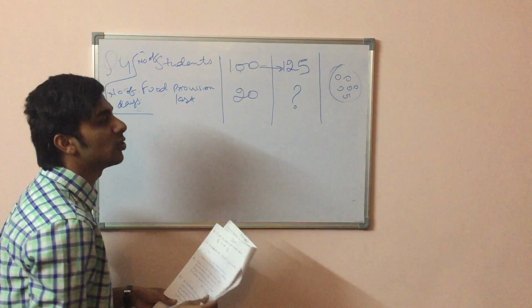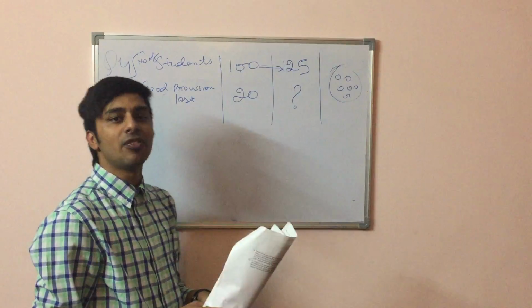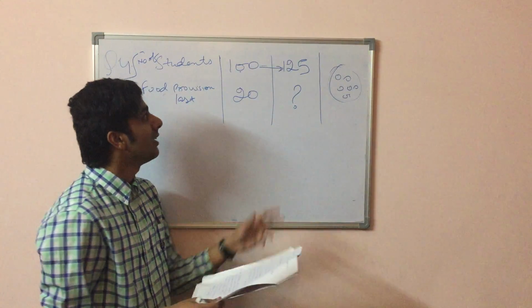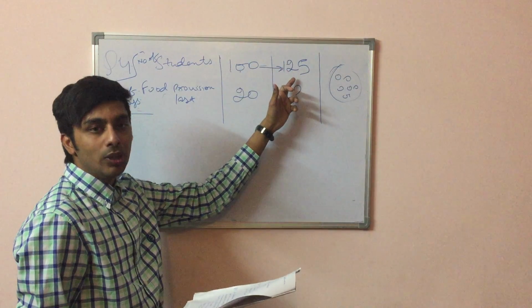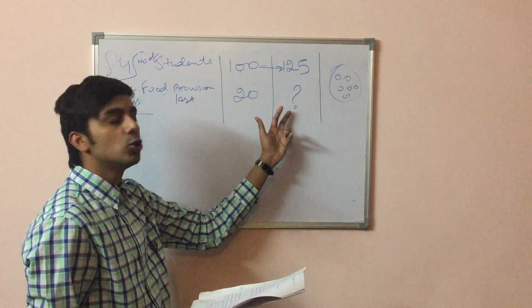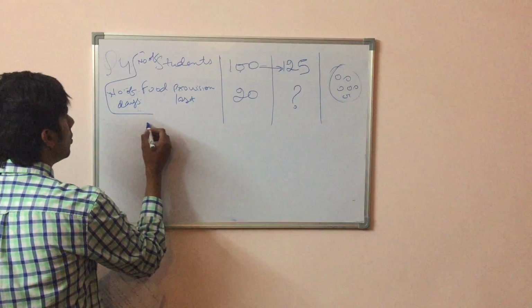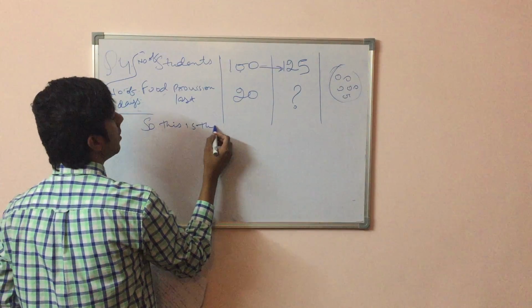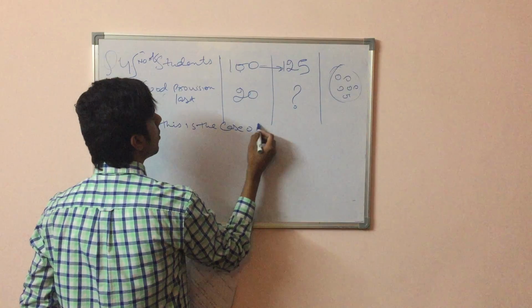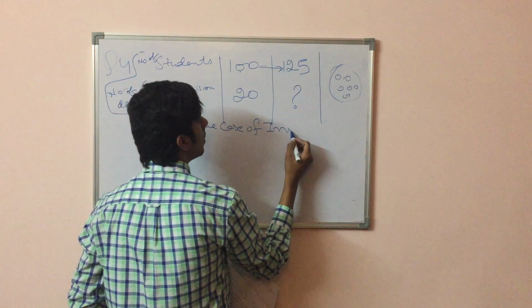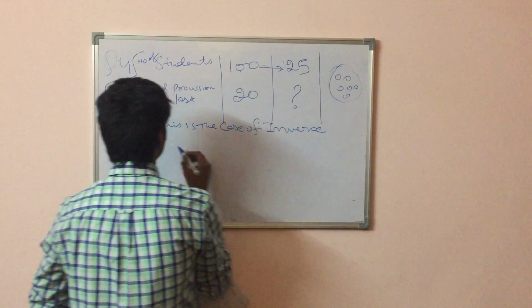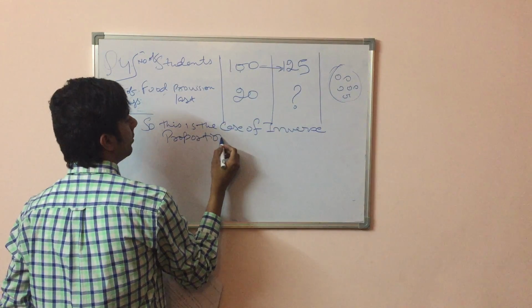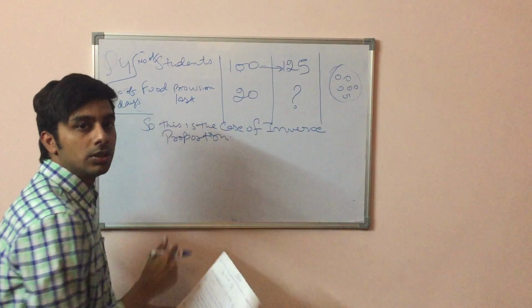So this is a case of inverse proportion, because our definition says that inverse proportion is that if one thing increases, the other thing decreases, right? So this is the case of inverse proportion, right?